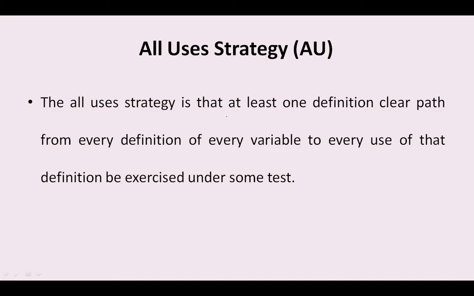So we test based on a single definition D and multiple uses U. Define is by default there, so we can simply write it as AU, which stands for all uses.